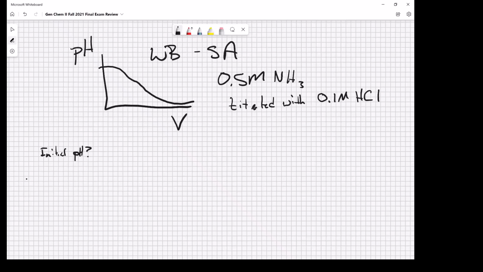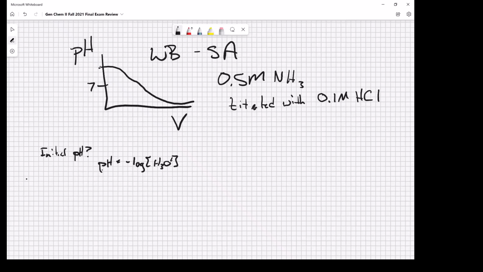That's right. So we know that pH is equal to minus the log of the H3O plus concentration. So now we just need to find what's the H3O plus concentration, right? Well, how are we going to get that? Take a look at our graph over here.